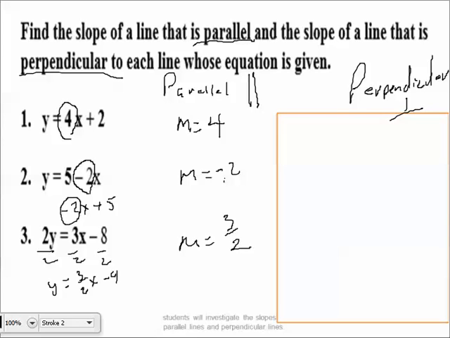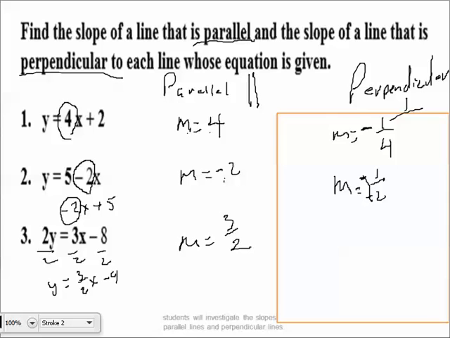a perpendicular slope to this one, to 4, is going to be m equal to, I'm going to flip it over, make it 1/4, make it negative. That didn't seem too difficult. So let's find the perpendicular one to this -2. Put it 1/2, make it negative.